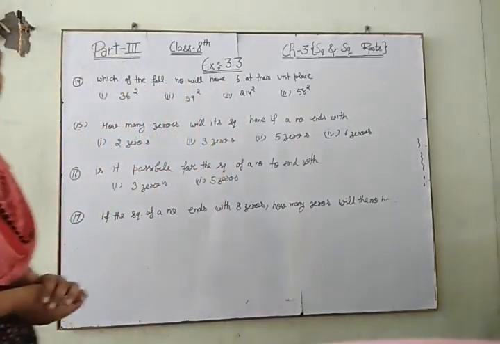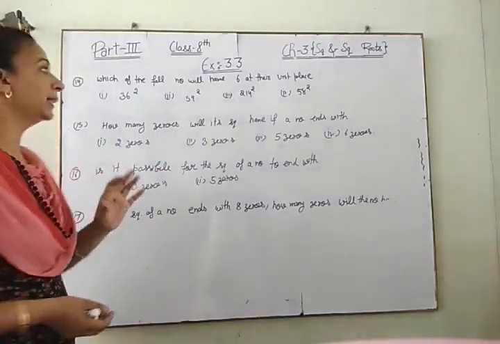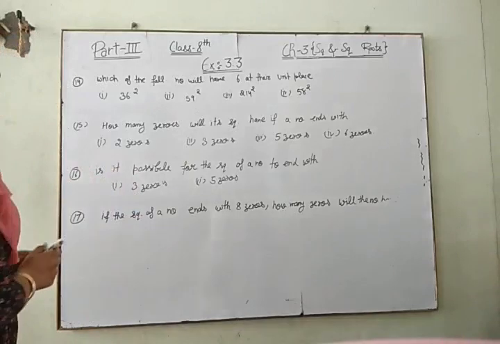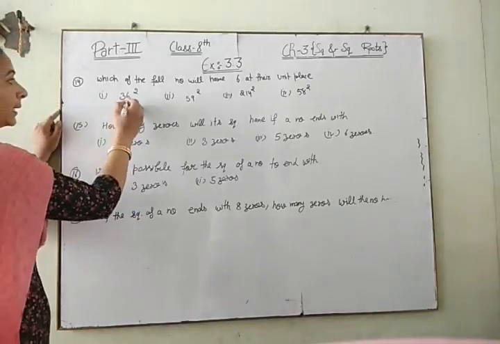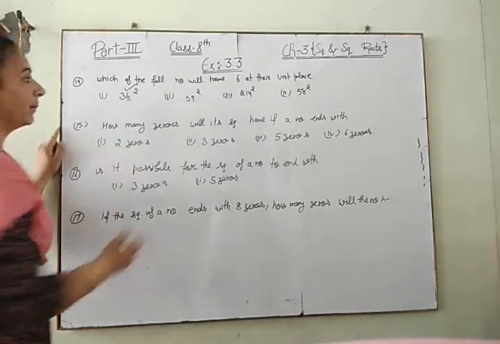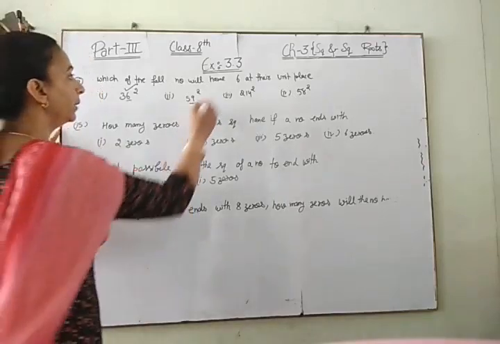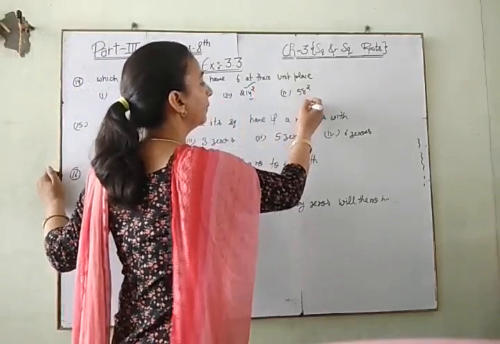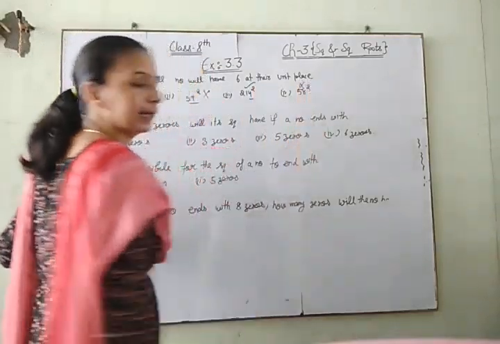Any number ending with 4 or 6, if we find the square of that number, then the unit place is 6. So this number ends with 6, we take it. This ends with 9, we don't take it. This ends with 4, we take it. And this ends with 8, then we don't take it.